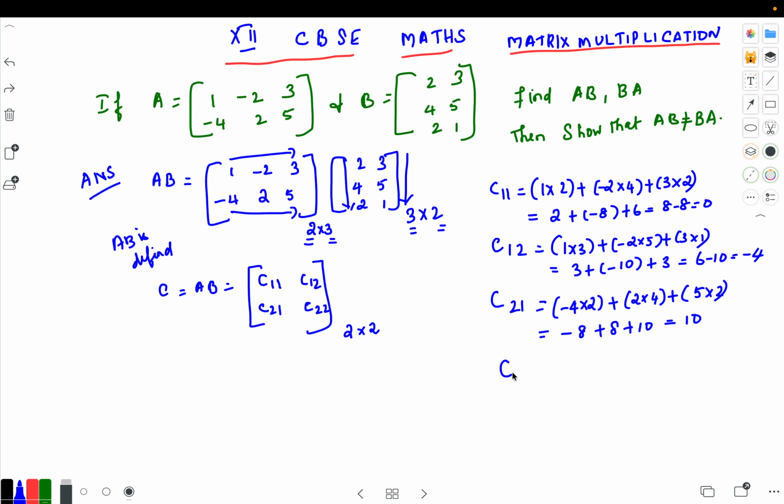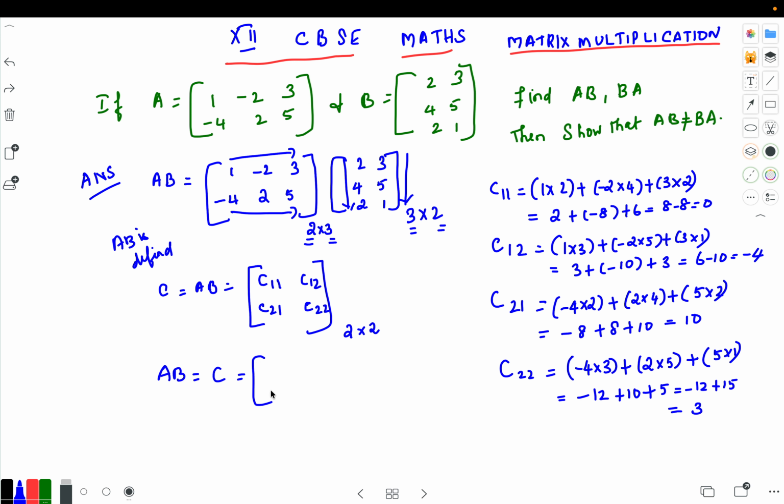Next we find C22, the sum of the products of the second row with the second column, that is minus 4 into 3 plus 2 into 5 plus 5 into 1, which is minus 12 plus 10 plus 5, that is minus 12 plus 15, that is equal to 3. The resultant matrix AB equals C equals [0, -4; 10, 3].